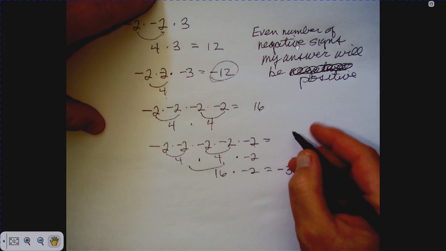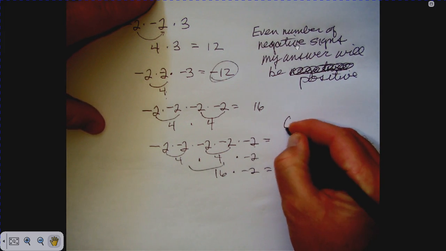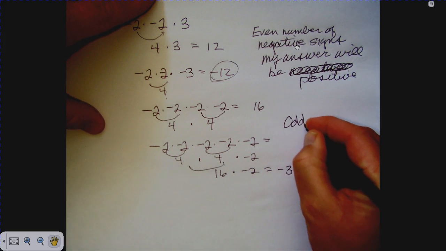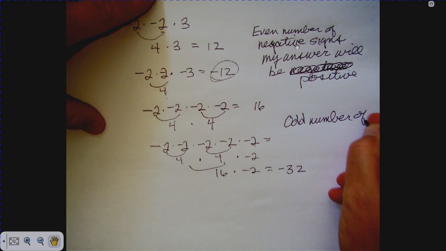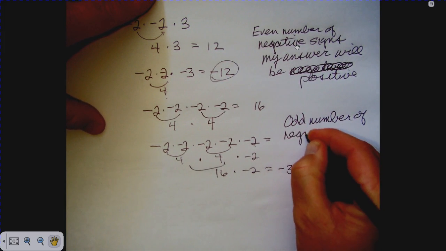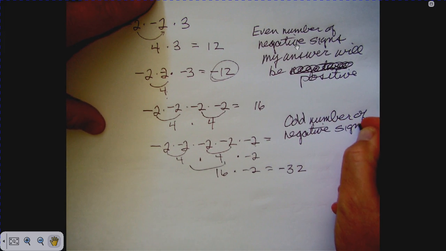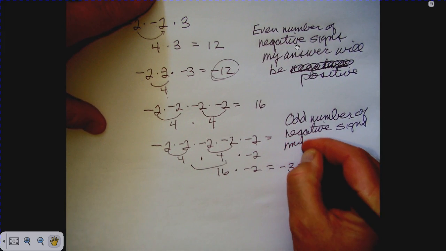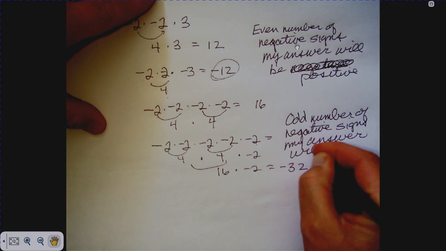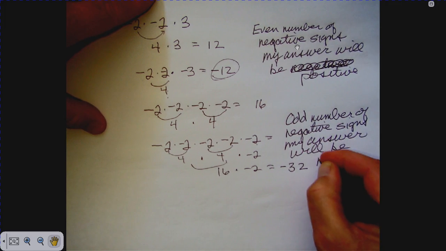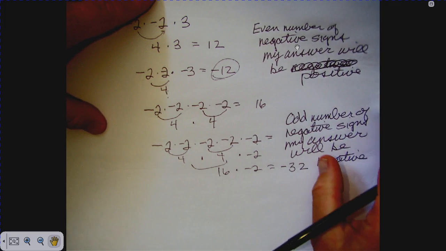So an odd number of negative signs, and my answer was negative, and that's always going to be the case. If I have an odd number of negative signs, my answer will be negative.